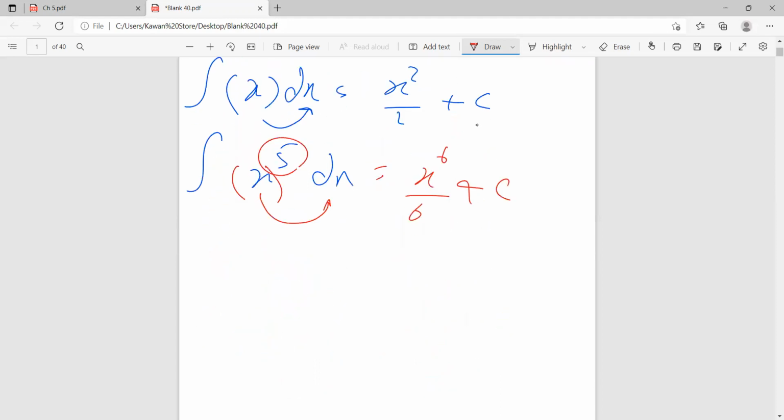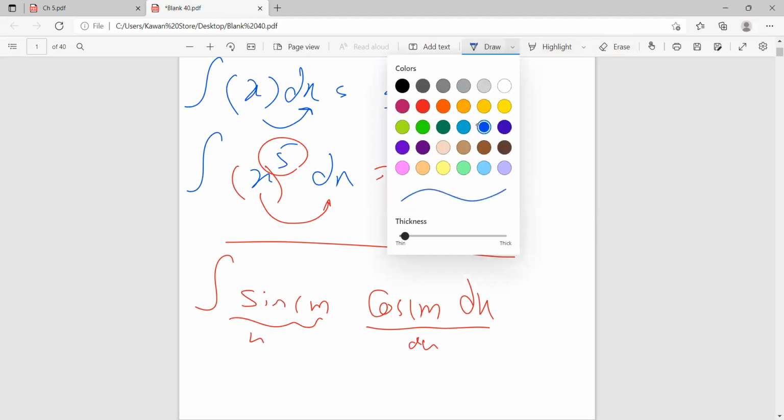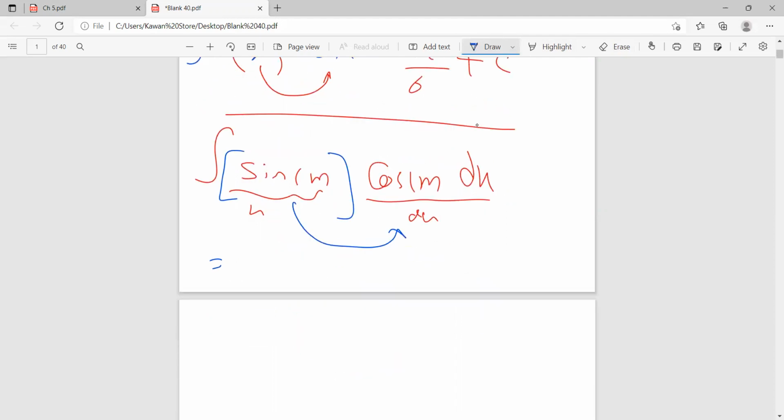Also, I remember that I gave you a simple example on the sine and cosine. We see sine of x, cosine of x, dx. Do you remember that? So we say also again, this is u, this is du. In my mind, I will change that one as a bracket, a parenthesis. I say the derivative outside exists. That's why I'm going to say it is equal to sine square like that.